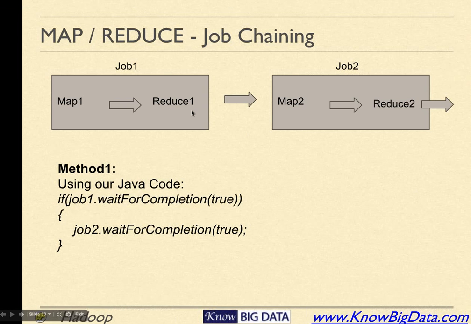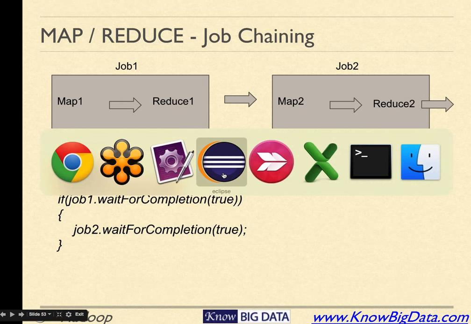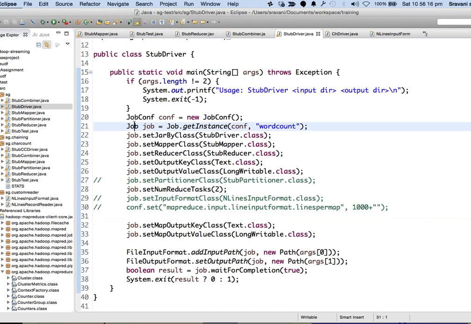Generally there is this problem, if you remember our question number four, the unusual democracy, where we had basically two phases of MapReduce. When you have to do job chaining, the simplest way is creating two jobs. The way we have created only one job, we could create two jobs.